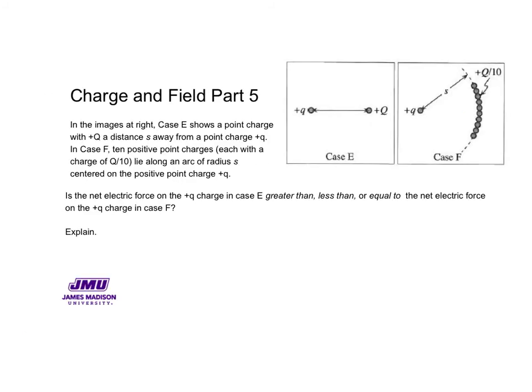And then on this slide, much like at the very beginning of the tutorial, what we're trying to get at here is if in case E we take the charge plus Q and evaluate what's happening to little q, we would understand that it is pushing little q off to the left. But if we take this positive Q and spread it out over an arc, that's what case F is really taking, the same amount of charge and spreading it out.